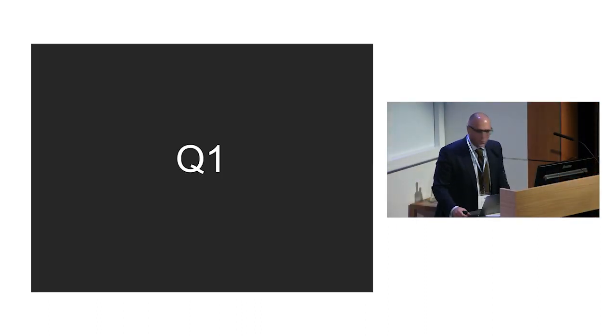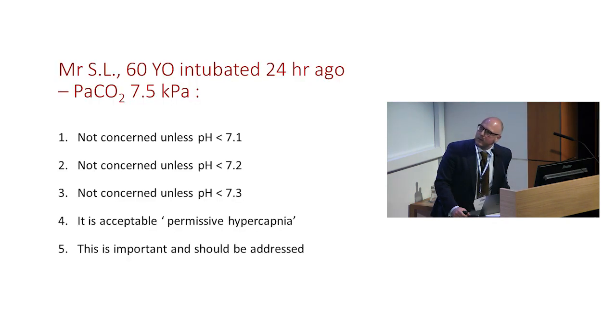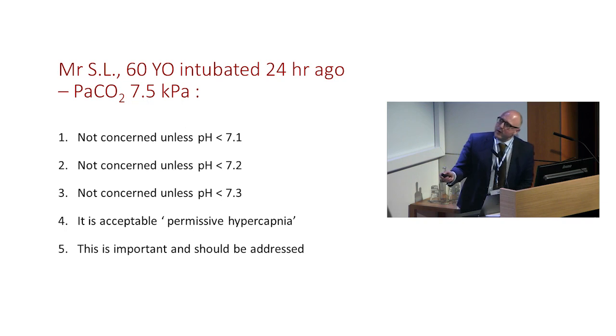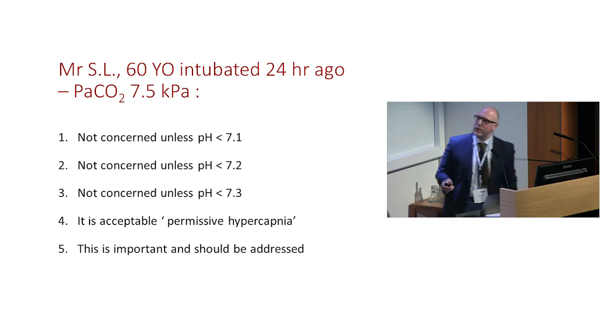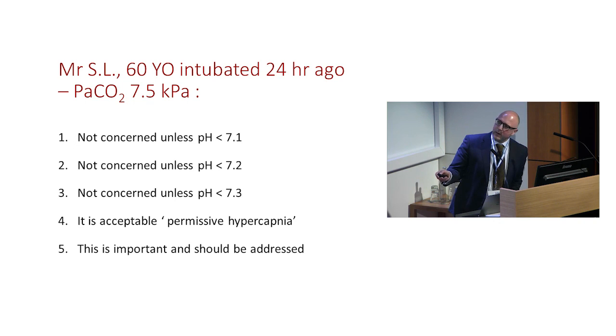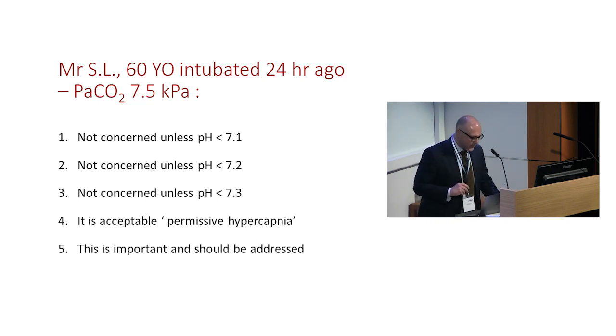So question 1. So we've got a gentleman, 60 years old, intubated 24 hours ago, who has a PCO2 of 7.5 kilopascal. So the question is: 1, we're not concerned unless the pH is less than 7.1, 7.2, 7.3, that's all right, it's permissive hypercapnia, or this is important and should be addressed.